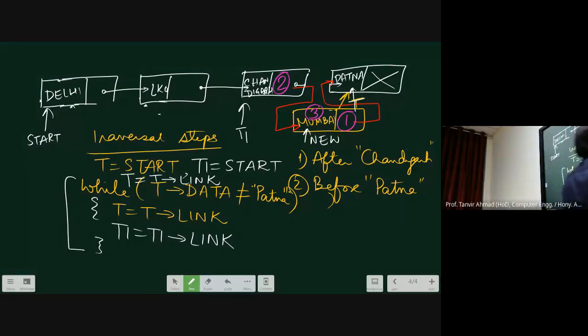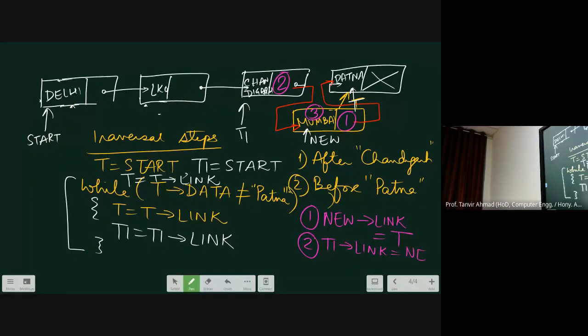Now in that case, the first one will be nothing but new of link is equal to T. Then second one, T1 of link is equal to new. And third one is new of data is Mumbai.